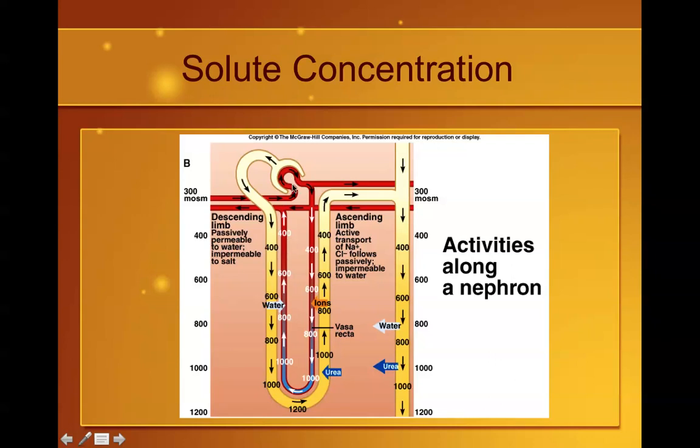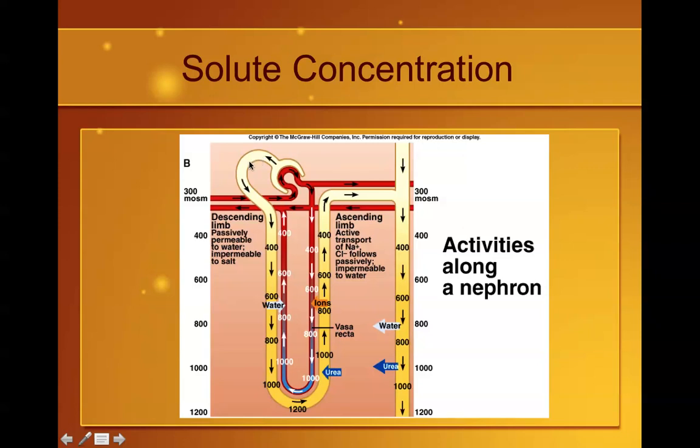So in the glomerulus, after the fluid is forced out, water obviously being a small molecule, much of the water is put into the filtrate. So the solute concentration right here at the end of the filtration process is really made up of a lot of water.